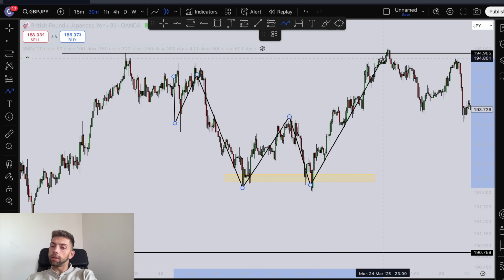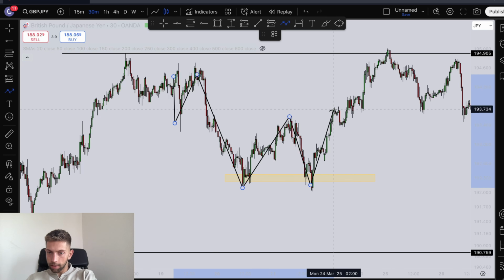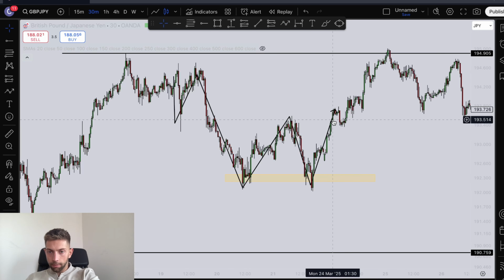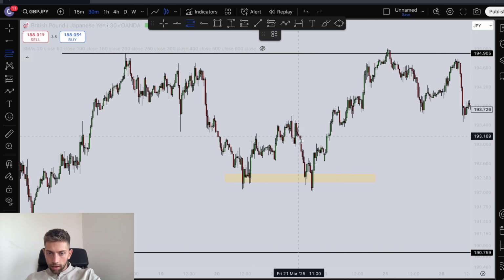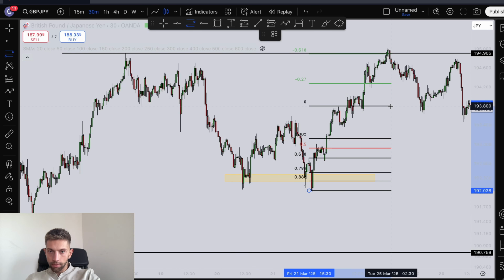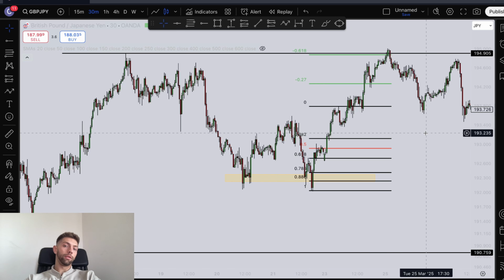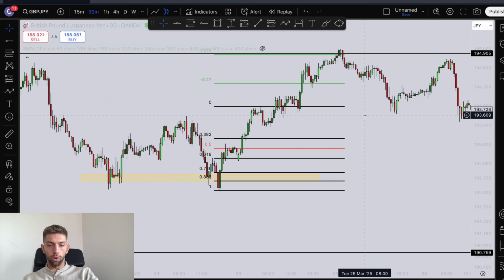But after this break of structure right here, the market never gave me the 38.2%, which means there is no entry for me. The market needs to pull back at least 38.2% for it to be a valid high, low, or lower high point.